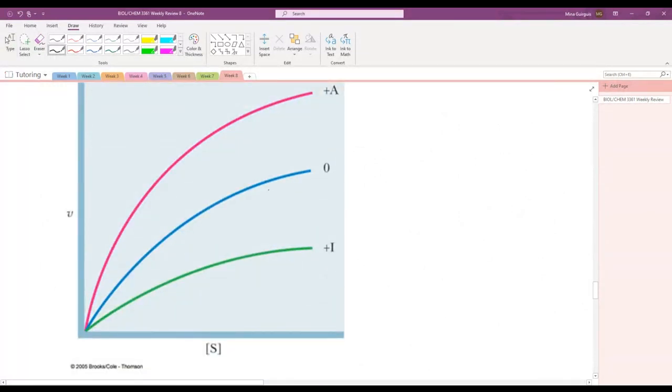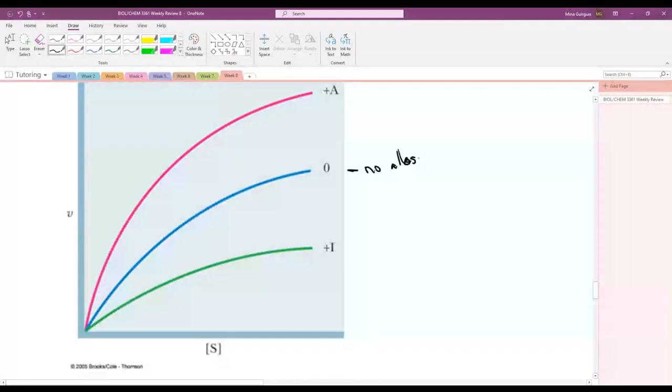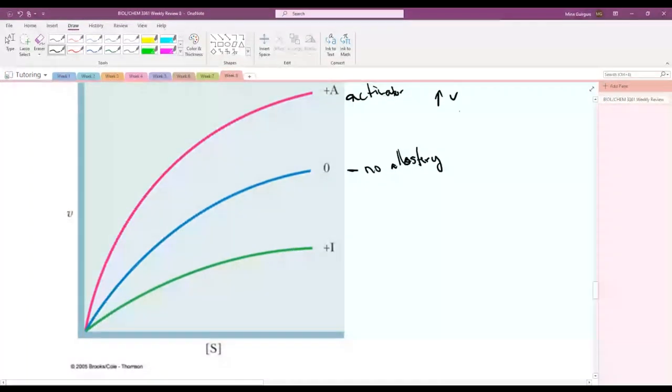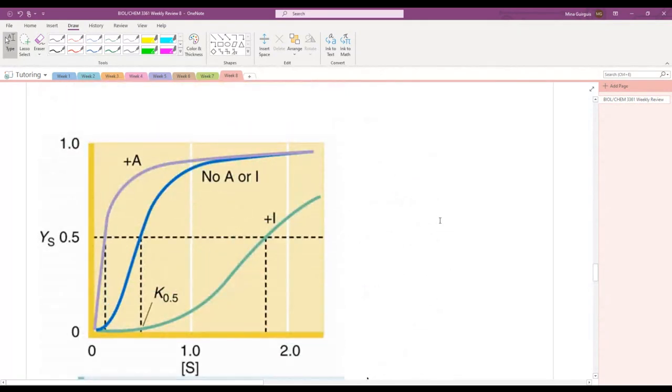The V system is exactly what it sounds like. This is with no allosteric effectors, so I'm just going to say no allosteric. When you have an activator, it increases V, and when you have an inhibitor, or I, it decreases V, okay? A K system is the exact opposite.